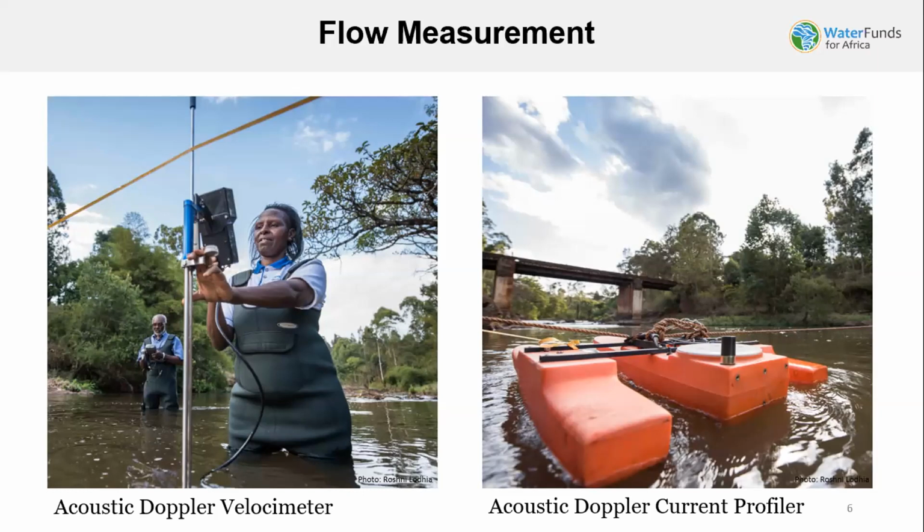And we use an acoustic Doppler velocimeter, which is this one, for rivers that you can wade across. And we use an ADCP, an acoustic Doppler current profiler, for rivers that are deep and you cannot wade across. So we have people on one end holding this rope and others on the other end.